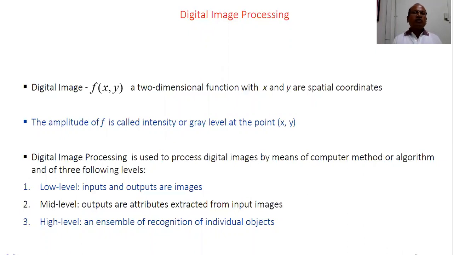And the amplitude, suppose the function is f(x,y), f is called the intensity or gray level at that point. The magnitude of that function represents the intensity value. We also call intensity value the grayscale value or gray level.